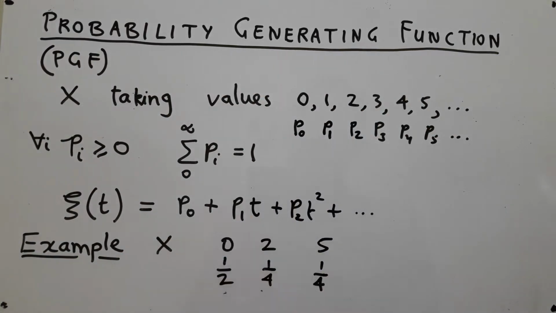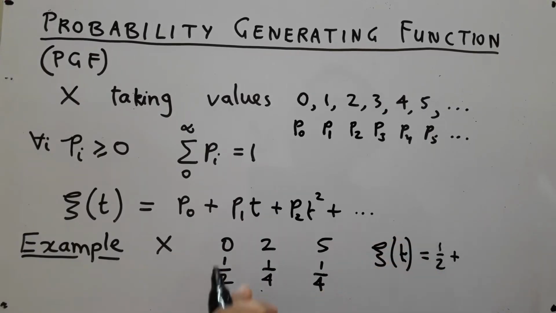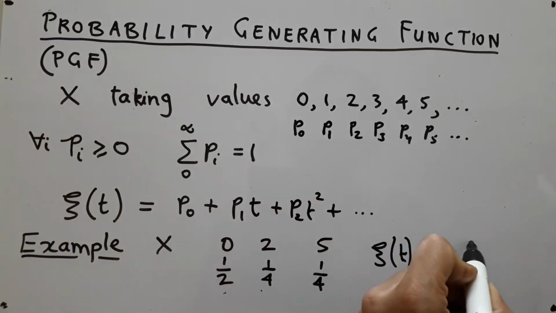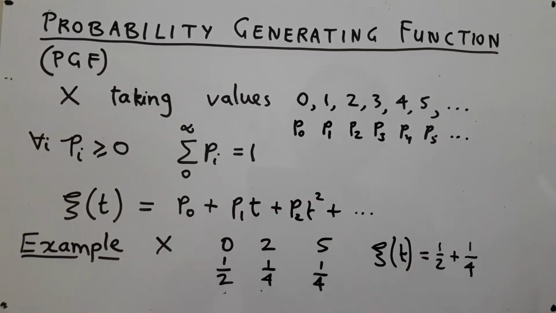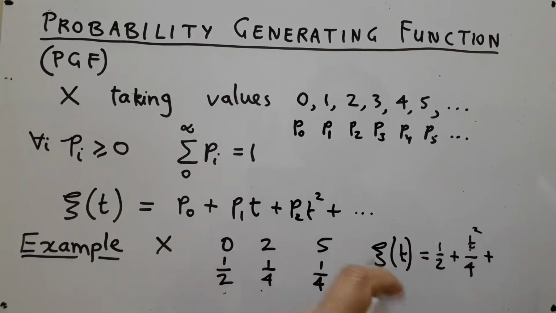So x cannot take any value outside the non-negative integers. Now if I just plug it into this formula, then I will get xi of t equal to half, that is P0, plus, I do not have this term, so I jump here, 1/4, that is the probability, times t squared. Then I skip these two terms because these are zeros.